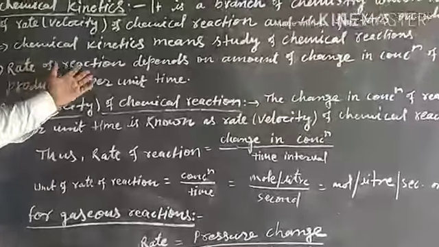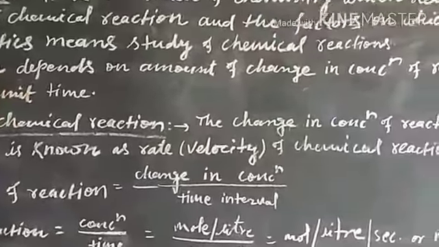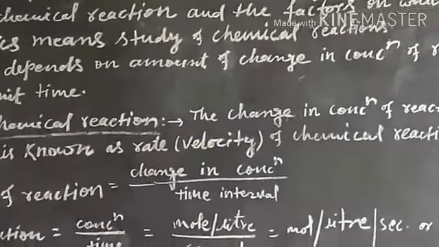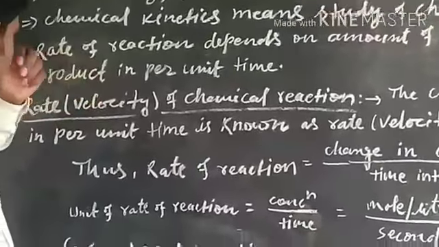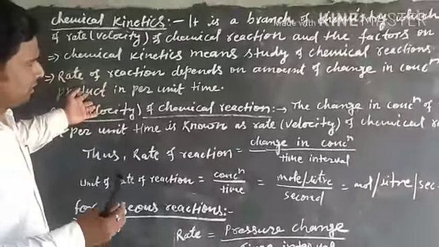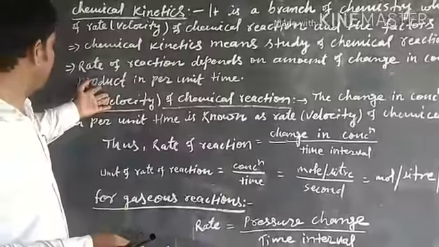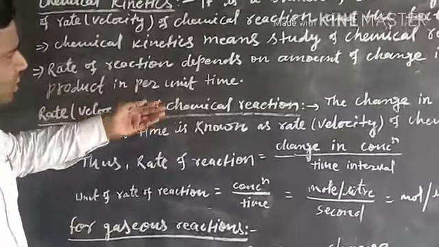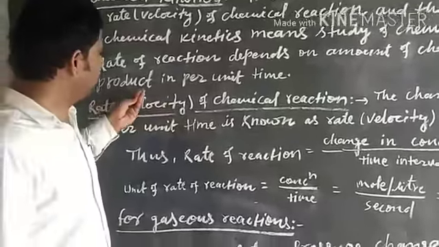Rate of reaction depends on the amount of change in concentration of reactant or product per unit time. It means the change in concentration of reactant and product of the reaction.